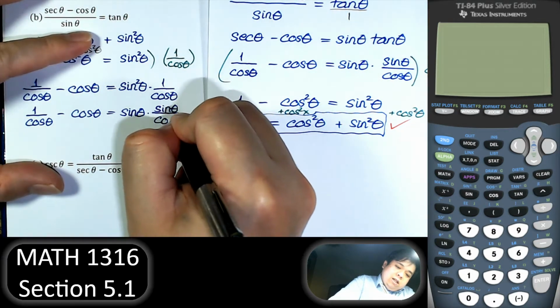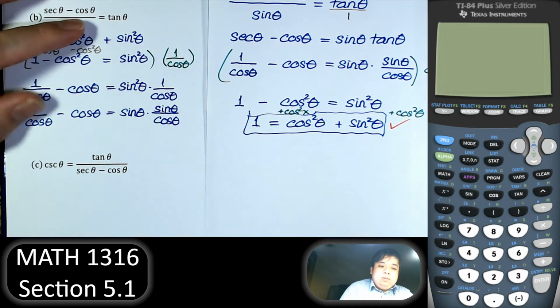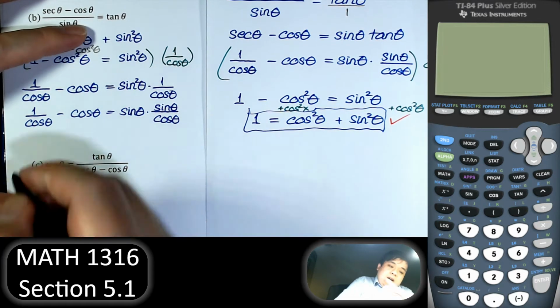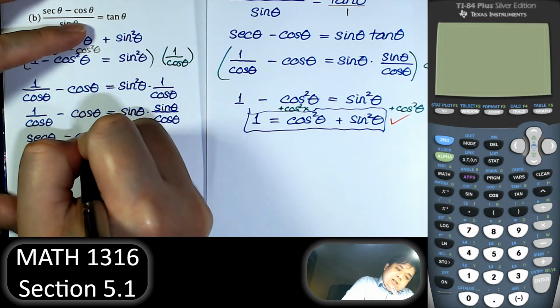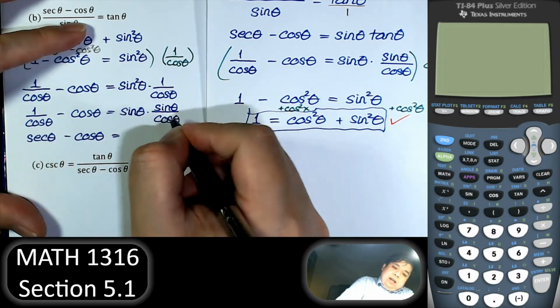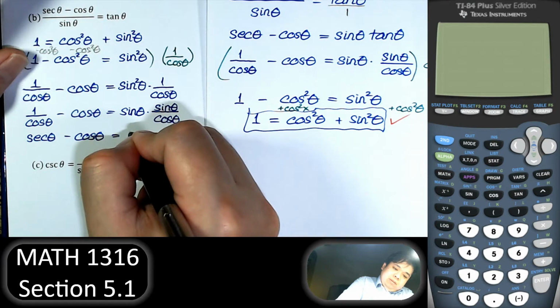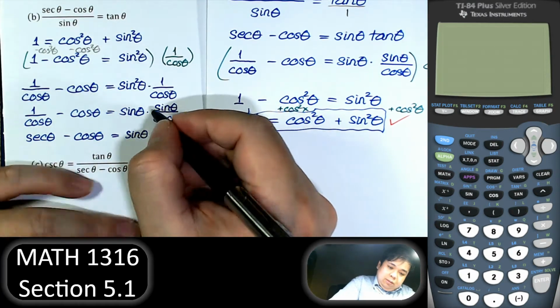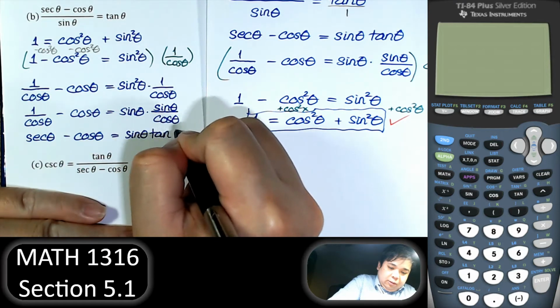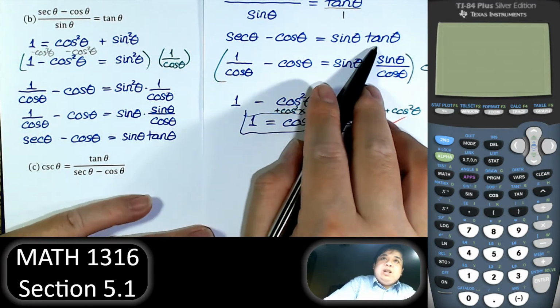And then cosine. Finally, 1 over cosine is secant. And sine over cosine is tangent. So we go to this step.